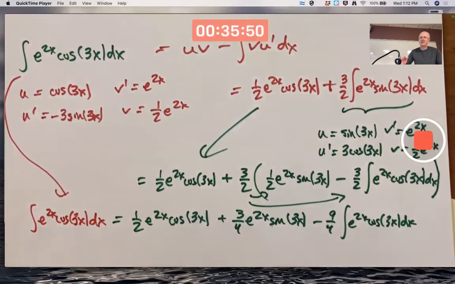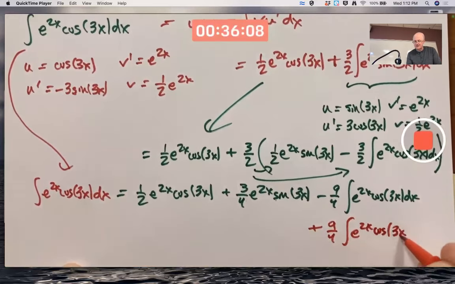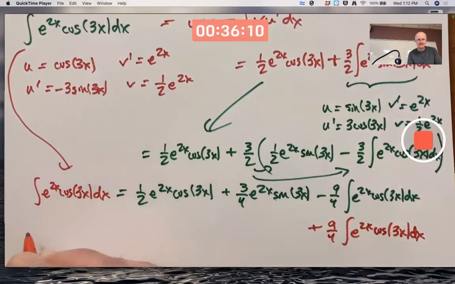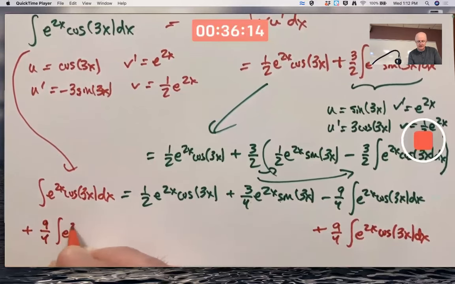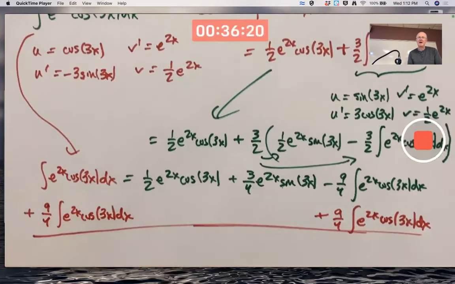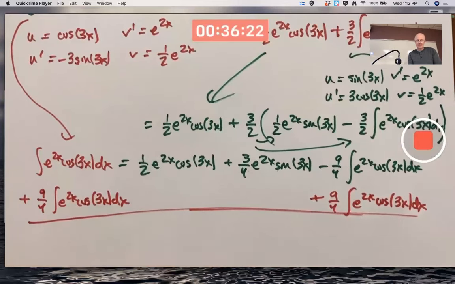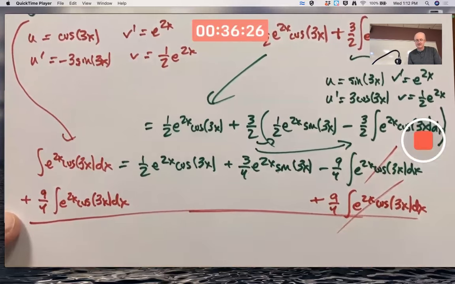I need to solve for the unknown integral. Add 9/4 times the integral to both sides, so that the integral on the right side cancels. If I do it to the right side, I've got to do it to the left side. These cancel, including the 9/4.